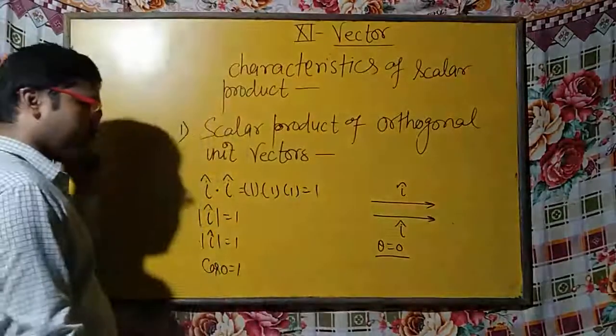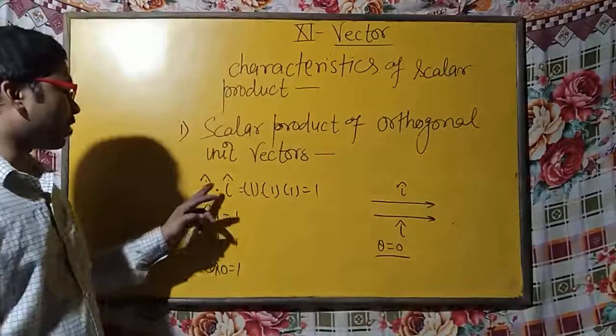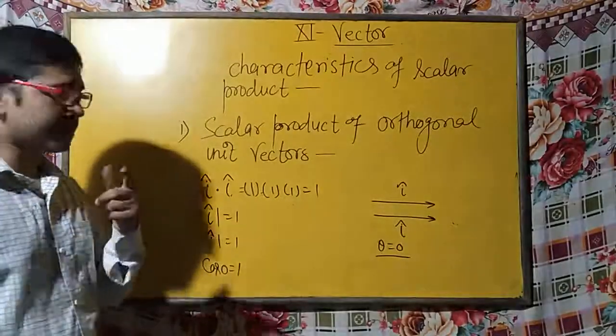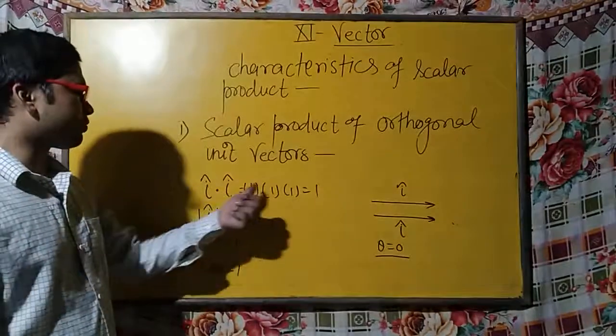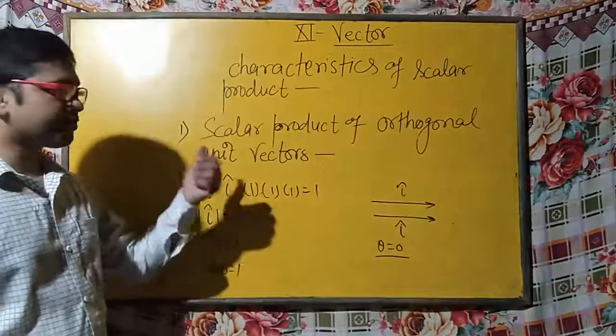Final answer is 1. It means i dot i gives 1, i dot j gives 0 and i dot k gives 0. Let me repeat: i dot i gives 1, i dot j gives 0, i dot k gives 0.